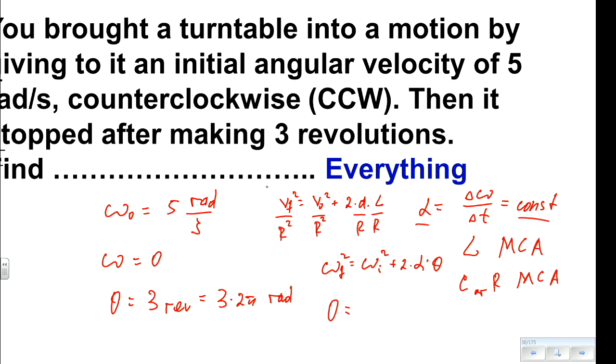0 equals 5 squared. That's why I needed radians, because I have to use the international system of units. Plus 2 times. Now we need to multiply 2 numbers. One of these numbers is positive, which is the angle, because the motion was counterclockwise. But another number is negative.